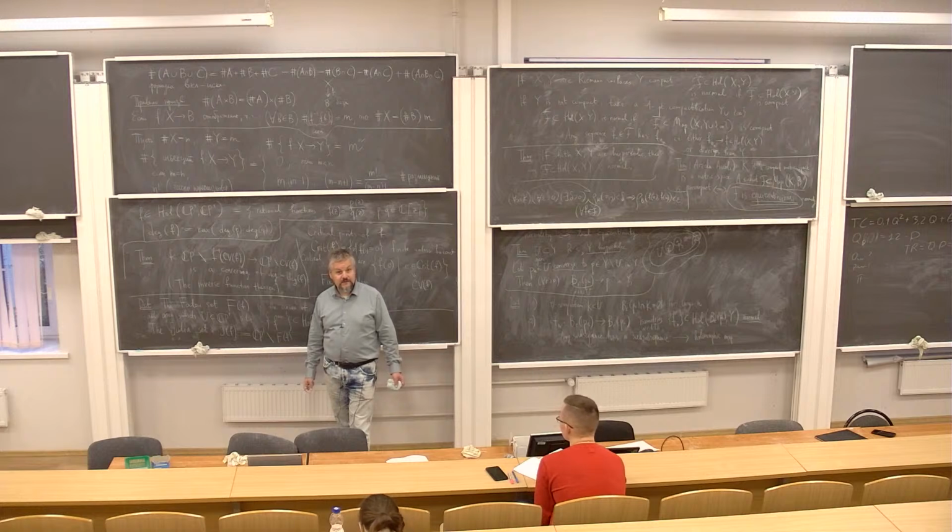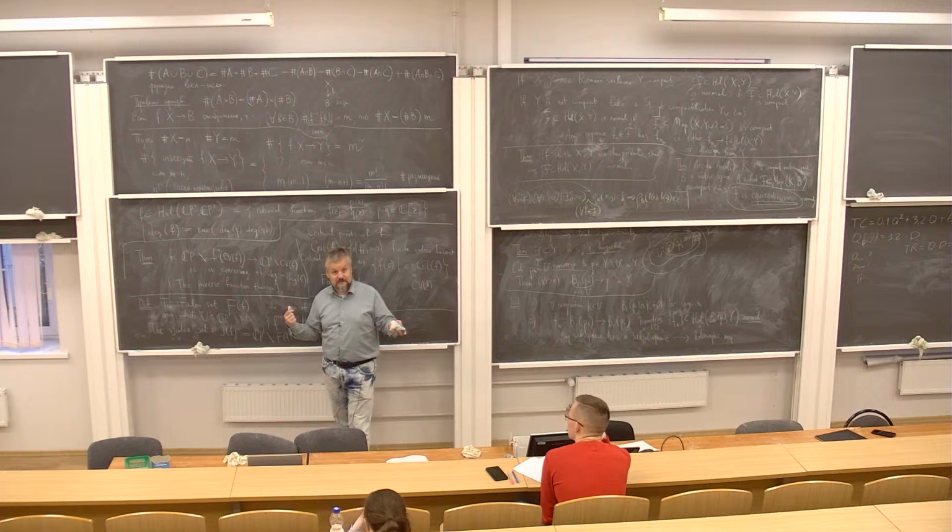Yes, on every compact subset of the union, you take a compact subset of the union, and I guess you can represent it as a union of two compact sets, one of which lies in one open set and the other lies in the other open set.